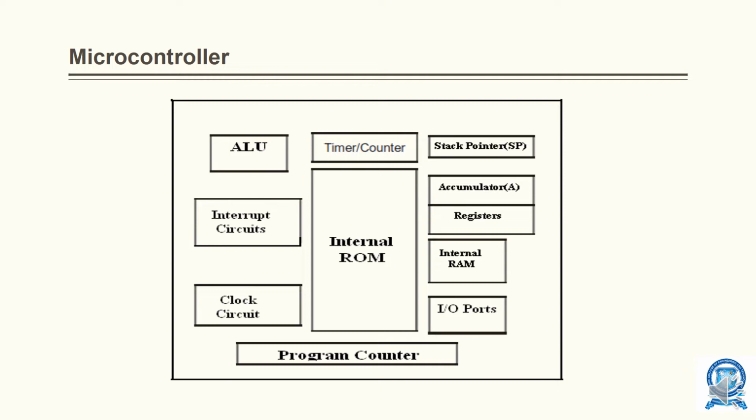Within a single chip you can see the ALU, timer and counter, stack pointer, accumulator, registers, internal RAM, I/O ports, internal ROM, interrupt circuit, clock circuit and program counter. All are within a chip, as part of memory. You can go for extendable memory, but even though it has some memory, some additional features are inbuilt within a single chip. That is the major difference between a controller and a processor.